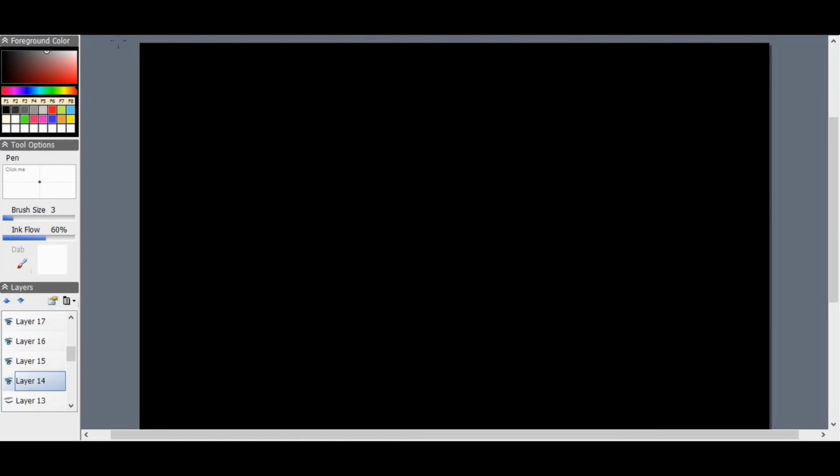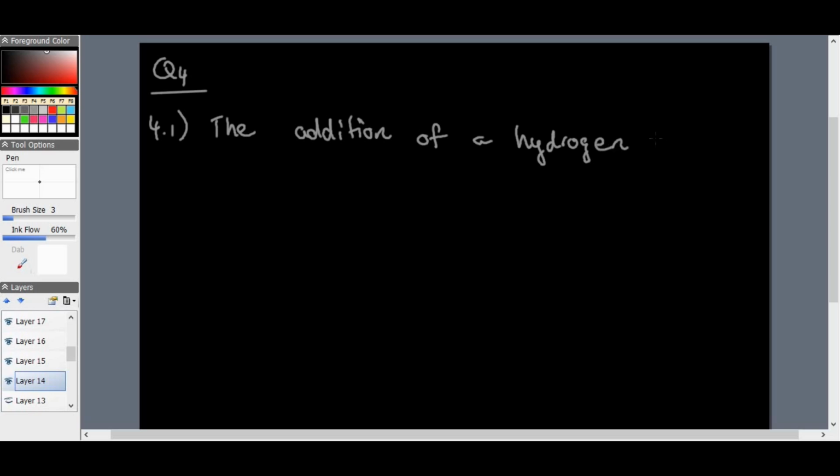Okay, but for question 4, I think we can all see this color. I'll change color soon, sorry. 4.1, hydrohalogenation: it is the addition of a hydrogen halide, or a halogen bonded to a hydrogen, to an alkene.